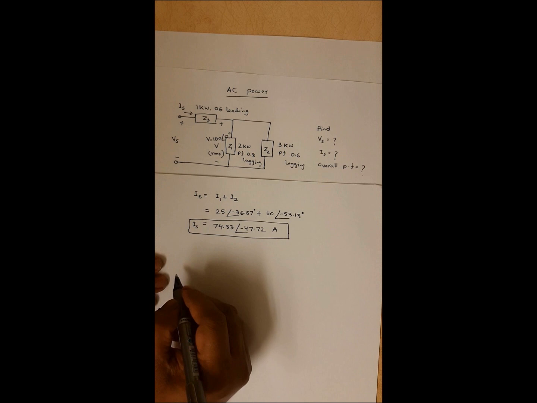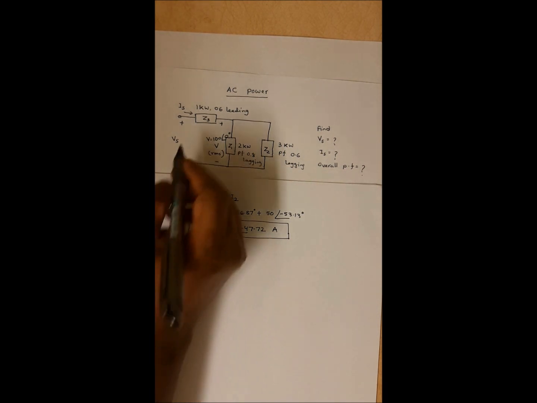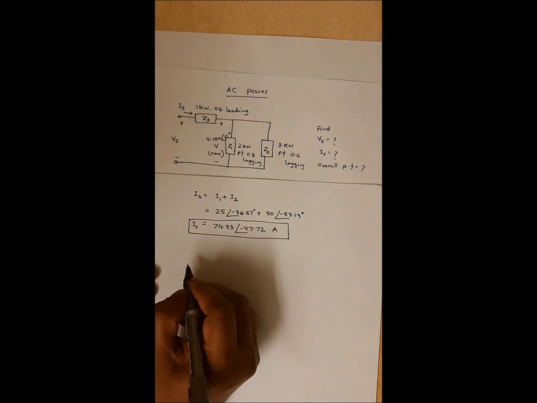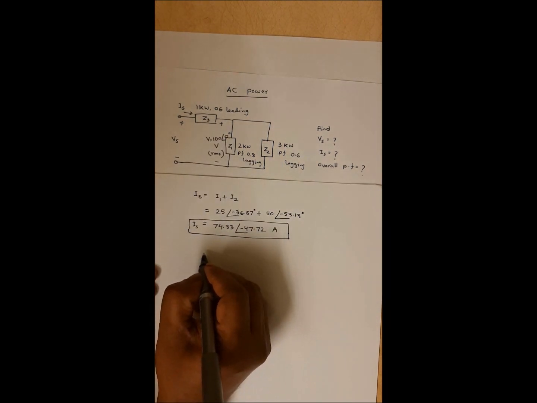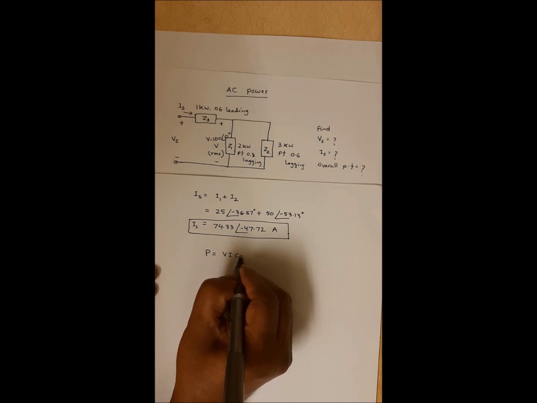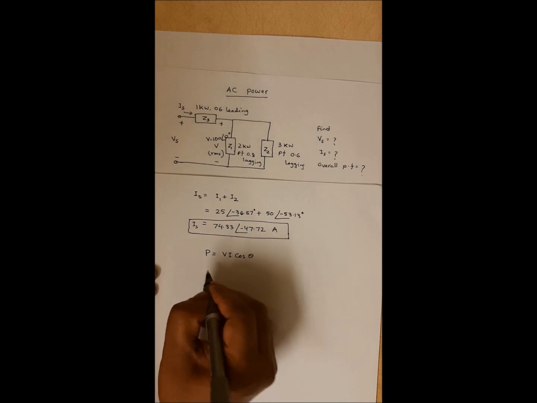Now we need to find Vs. To find Vs, we need the voltage drop of Z3. The real power of Z3, P equals V I cosine theta.